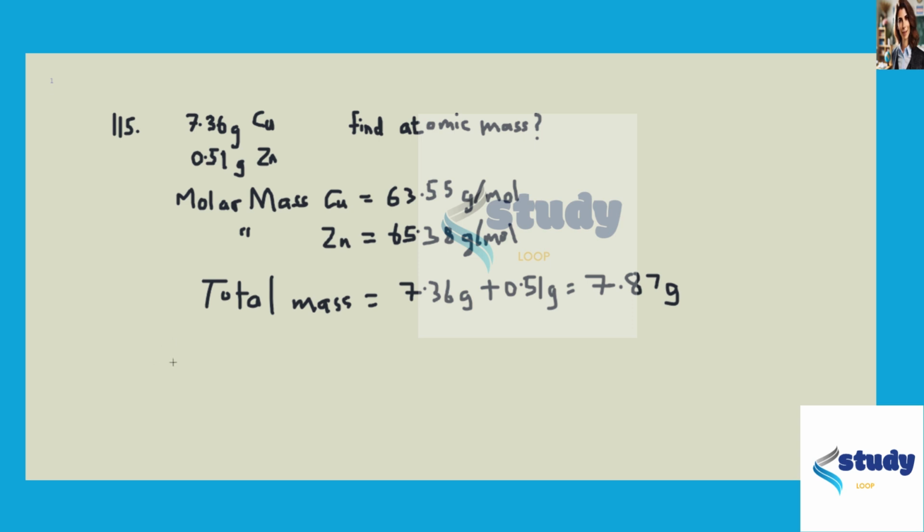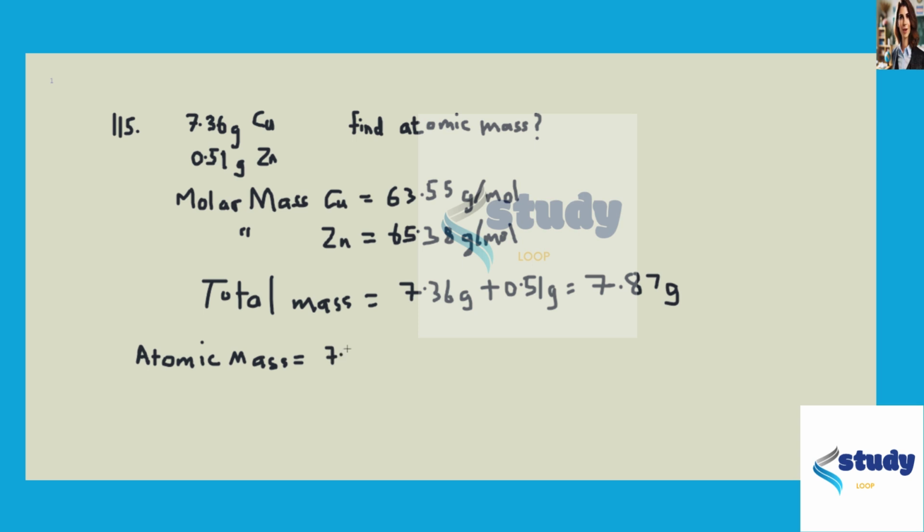So the apparent atomic mass of this sample is, like I said, taking the respective percentages of these elements and then multiplying by their respective molar masses and summing that up. So what's the mass of copper we have in this sample?